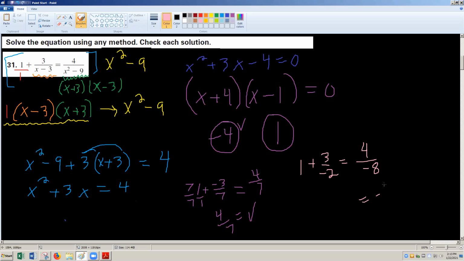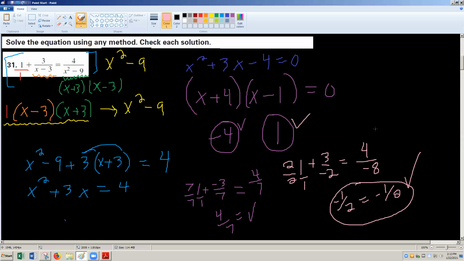This thing on the right simplifies to negative 1/2. And over here I have 1, which is 2 over 2. So I get 2 minus 3, which is negative 1. So I get negative 1/2.